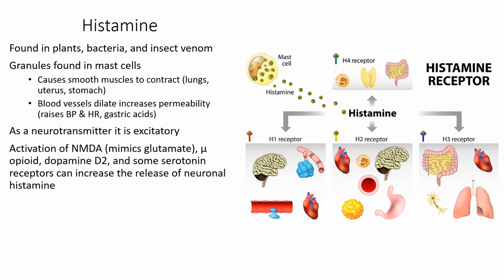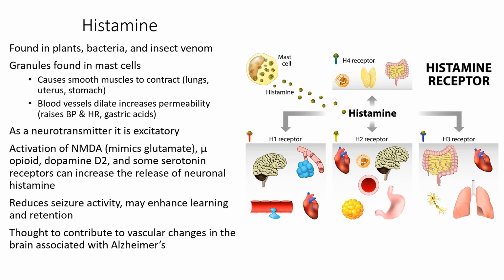It's also activated at mu opioid receptors, at dopamine D2, and some serotonin receptors can increase the release of neuronal histamine. So reducing seizure activities, histamine can help with that, and it may also enhance learning and retention. It is thought to contribute to vascular changes in the brain that are associated with Alzheimer's.